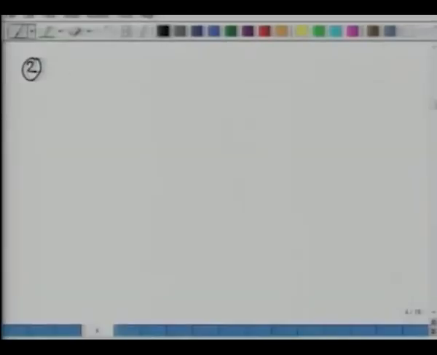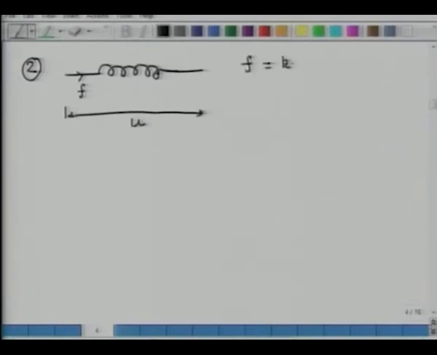So the second two-terminal element is a spring. It just happens that the symbol is very similar. So my through variable is F, my cross variable is U, and we know that force equals stiffness times displacement.